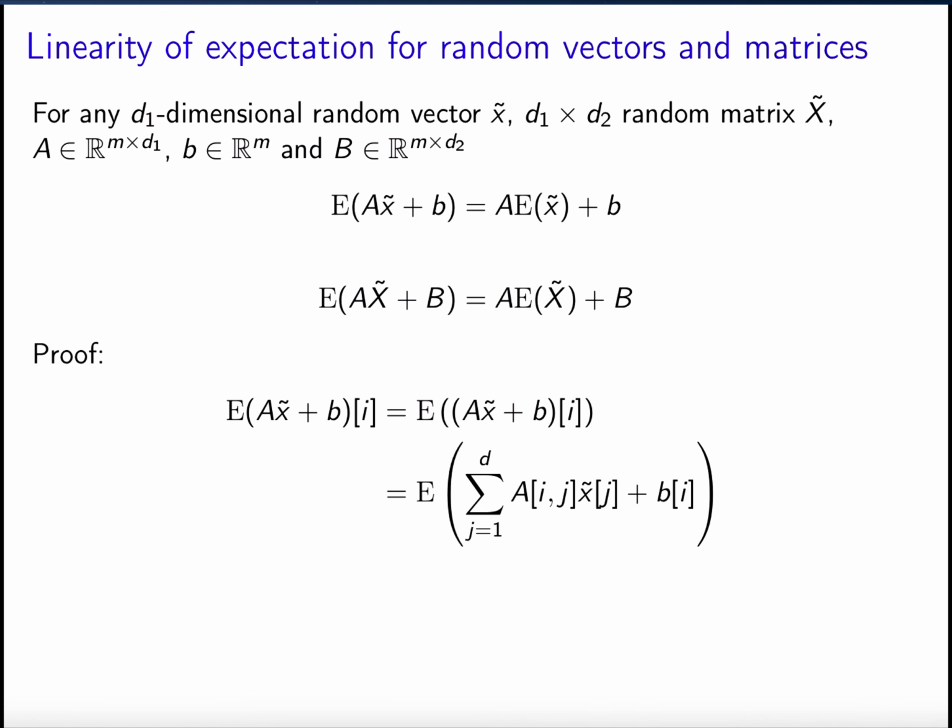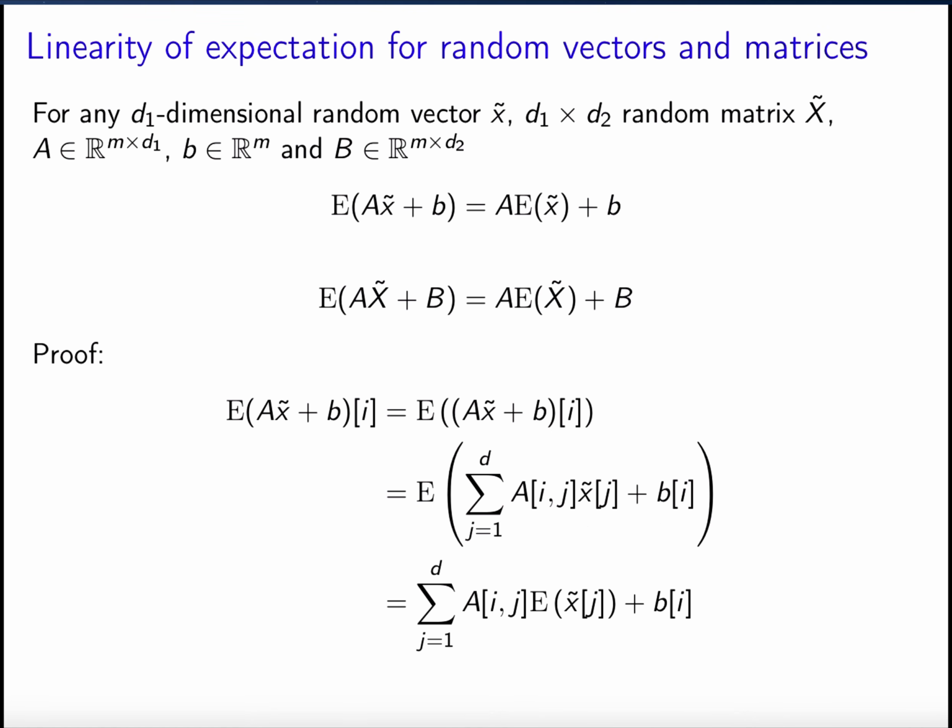So we can express that entry as the ith row of A multiplied by each of the entries of X, plus the ith entry of B. But now this is just the expected value of a linear combination of scalar quantities. So we can apply the linearity of expectation for scalar quantities.